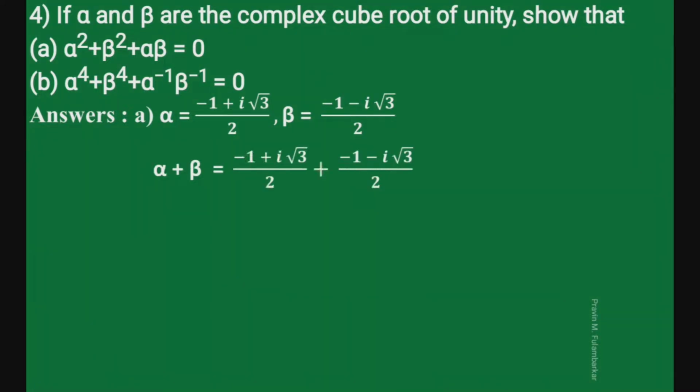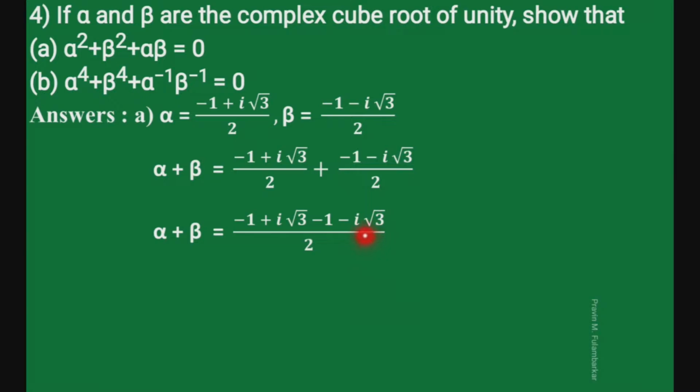So first we calculate alpha plus beta. So we add these two. We substitute the value of alpha as minus 1 plus I root 3 by 2 and the value of beta as minus 1 minus I root 3 by 2. Here the base is same, so we add numerator terms with numerator terms. So we write base 2, then minus 1 plus I root 3 plus minus 1 minus I root 3.